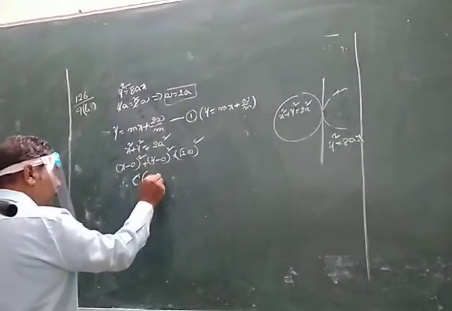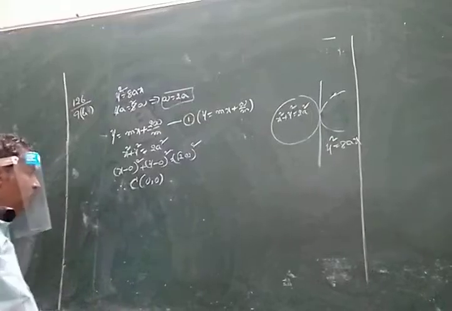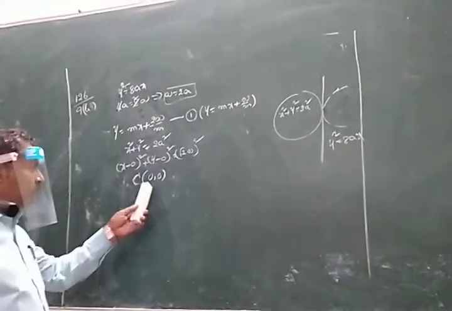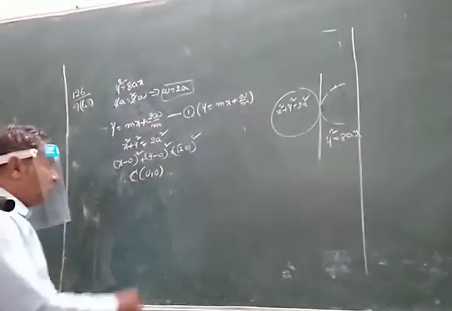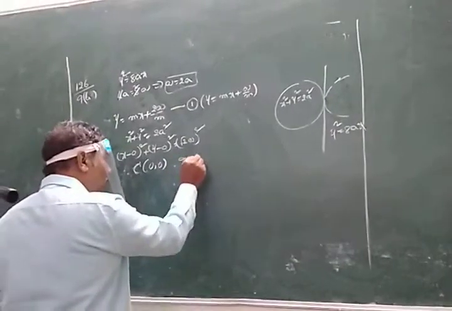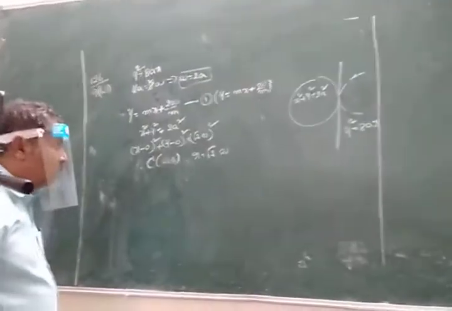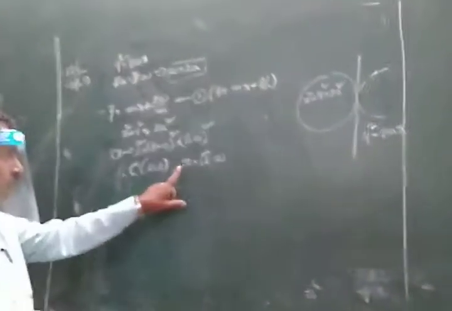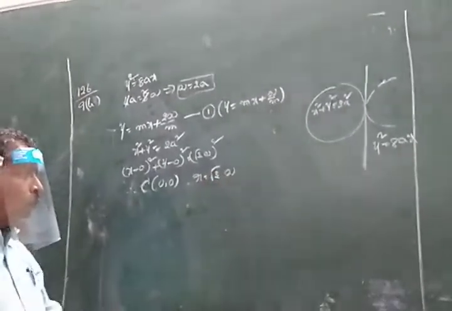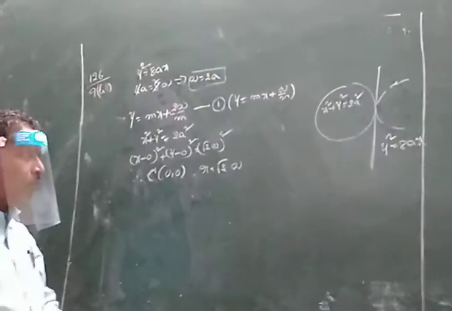Therefore, center C is (0, 0) and radius R equal to root 2a.